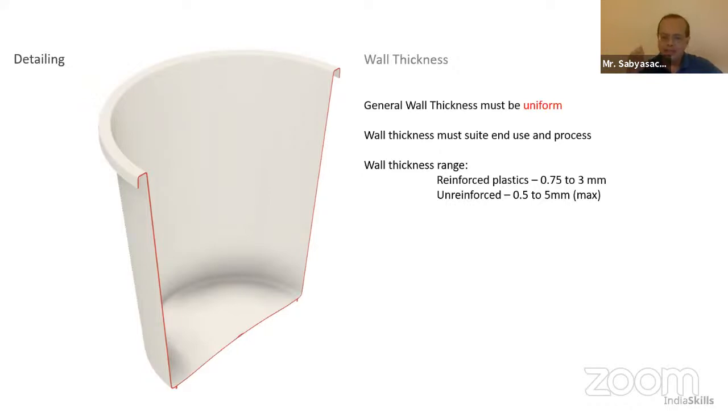If you require strength, what you actually do is lipping. I'm going to come to that. What is very important for product detailing is that your general wall thickness must be uniform. So if you've taken 1.5 mm, no matter what kind of twists or turns you have going right across, the thickness should be the same as much as you can manage.